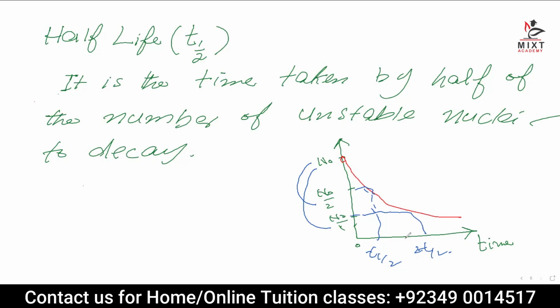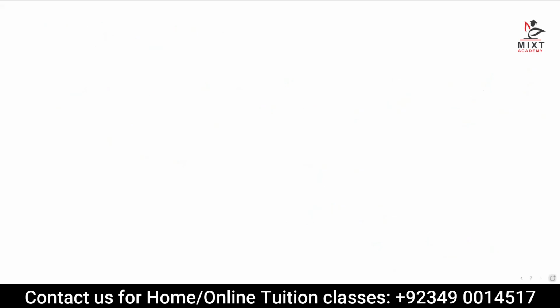Just to tell you another example, initially we have 100%. After the first half-life, we get 50%. After the second half-life, we get 25%. Let me explain another way. Initially we have 100%, which means 100% undecayed.